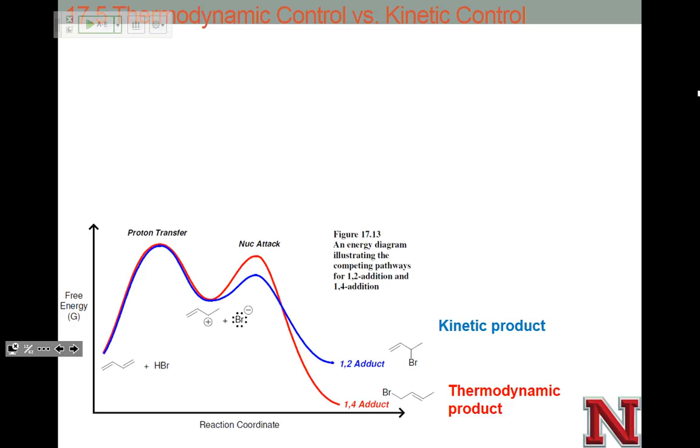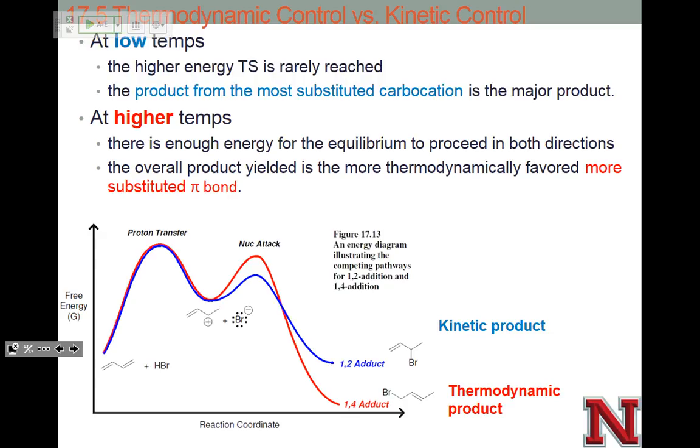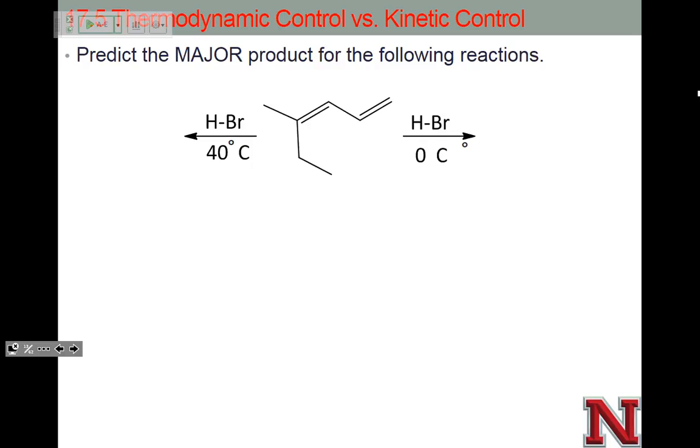Our thermodynamic product is, in this case, our more substituted double bond, but our kinetic product comes from the lower activation energy, and that stems from our carbocation intermediate. So let's look at an example at 40 degrees Celsius and 0.